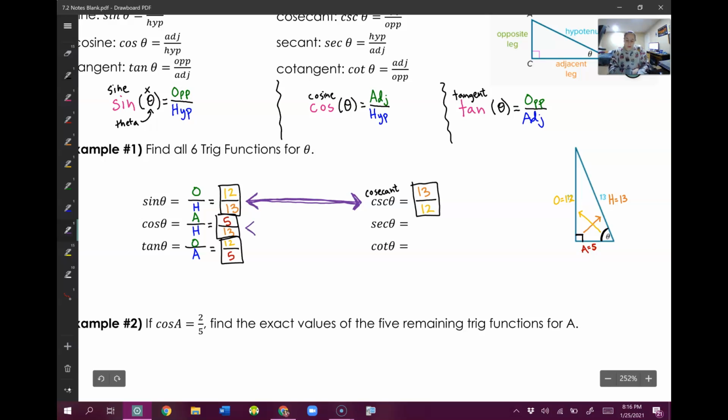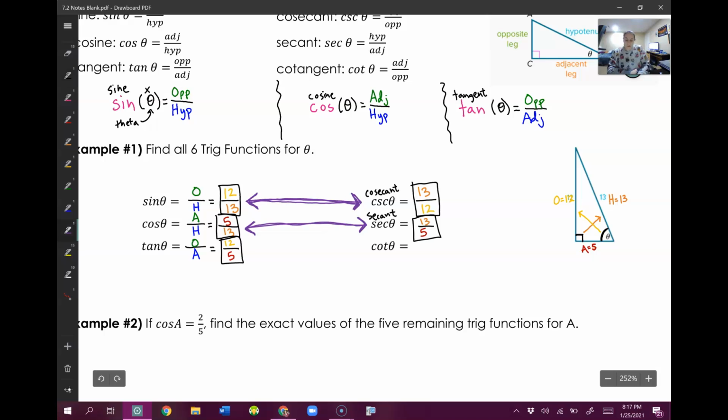Same thing with cosine and secant. Let me write out what that one is. Secant. For the secant value, I just take the cosine value and I flip it. So instead of 5/13, I get 13/5. And that's my answer.